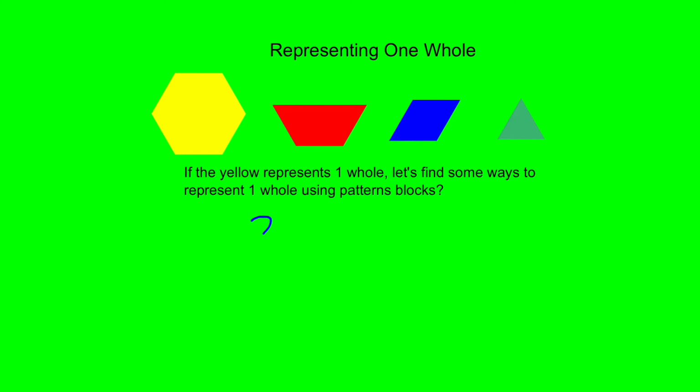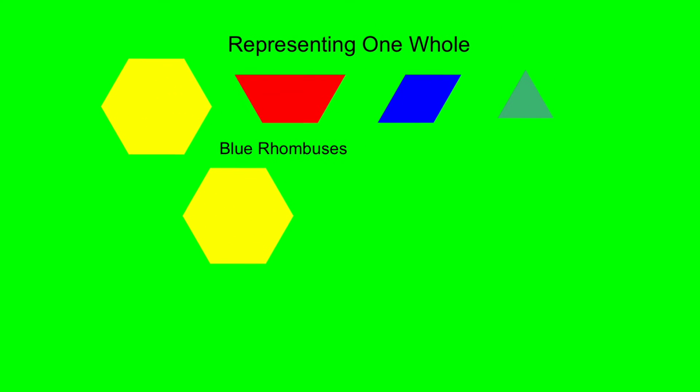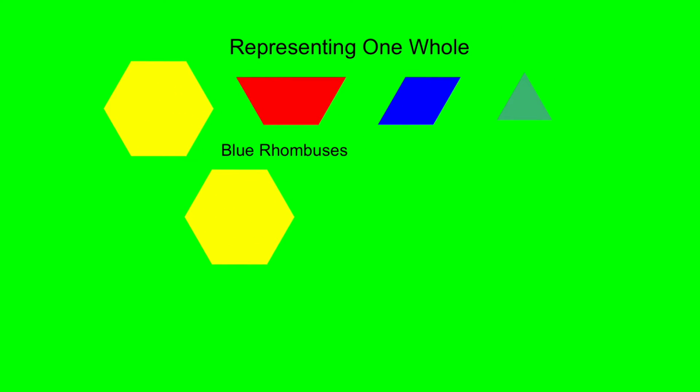So you could say the fraction, if you put two of those trapezoids on there, is 2 out of 2, or one whole. And then they did the same thing with blue rhombuses. They discovered that you could put 3 of those blue rhombuses onto the yellow one, and that would represent one whole, and you would have a fraction of 3 out of 3, or one whole.